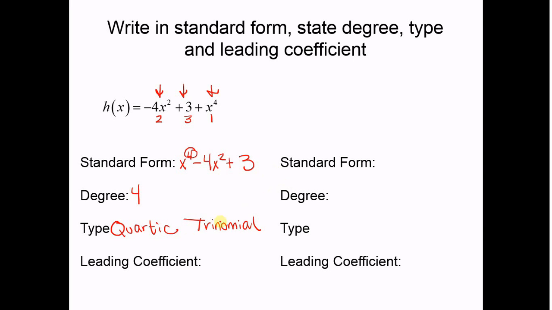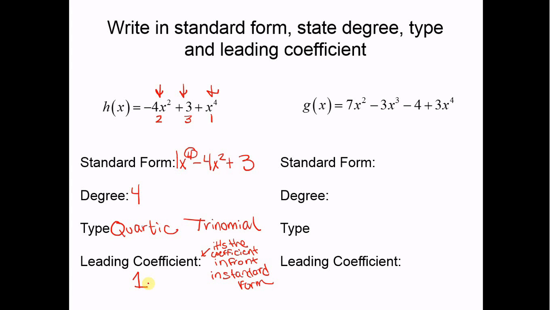Now, the leading coefficient is the number in the front, the coefficient. But you can only find it in standard form. Originally, I couldn't have grabbed it from the original order because that negative 4 is not the leading coefficient. I have to look here, and technically there's a 1 right here, 1x to the 4th. So my leading coefficient is a 1.